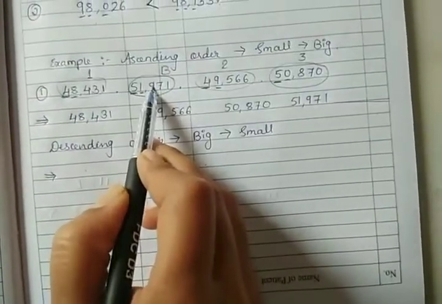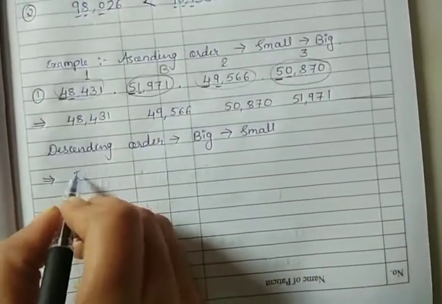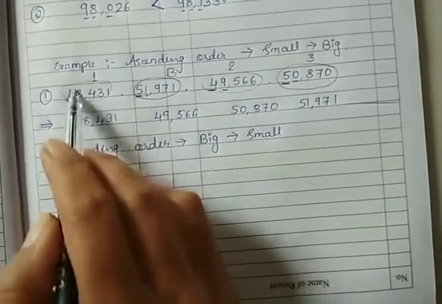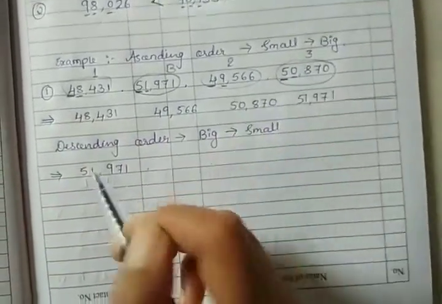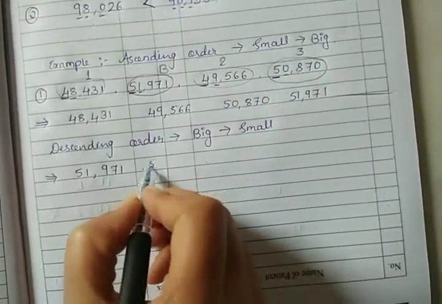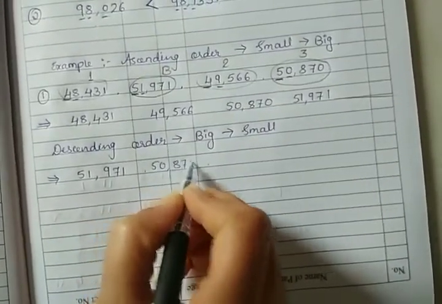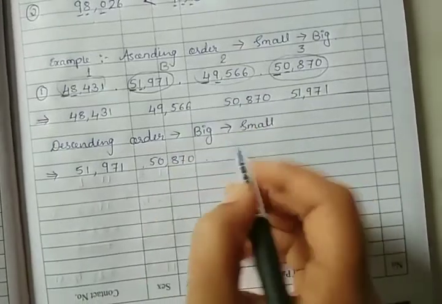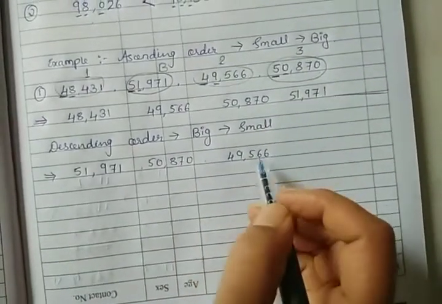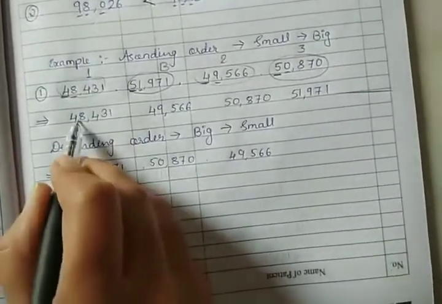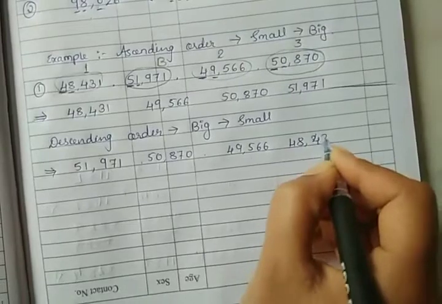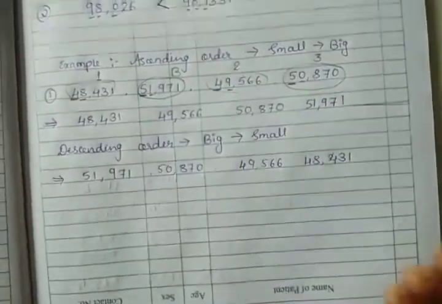This number is greater. Yes, 51,971 is greater than these three numbers. Then the second greatest number is 50,870. Then the third greatest is 49,566 and the smallest among all these is 48,431. Yes.